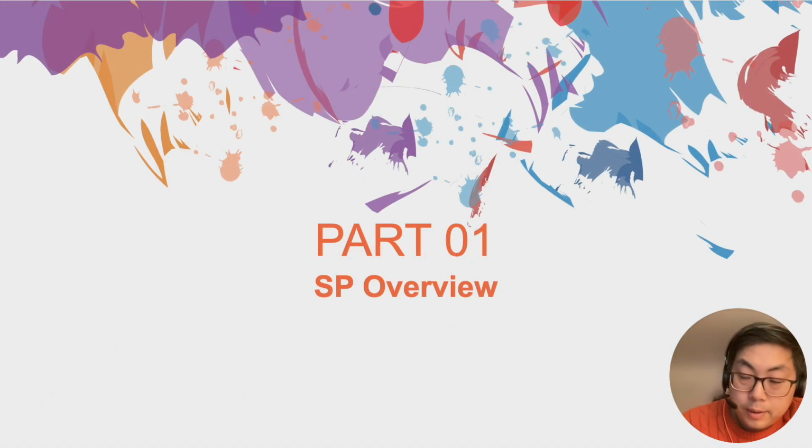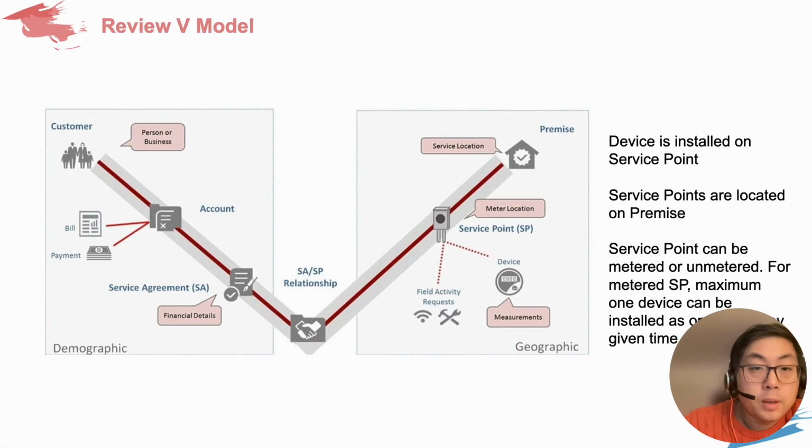Okay, the first one is the service point overview. We look at the V model again. As I was mentioning, we look at the right hand side of this V model, and we will be talking about the device. The device is installed on a service point, and the service points are normally located on the premise.